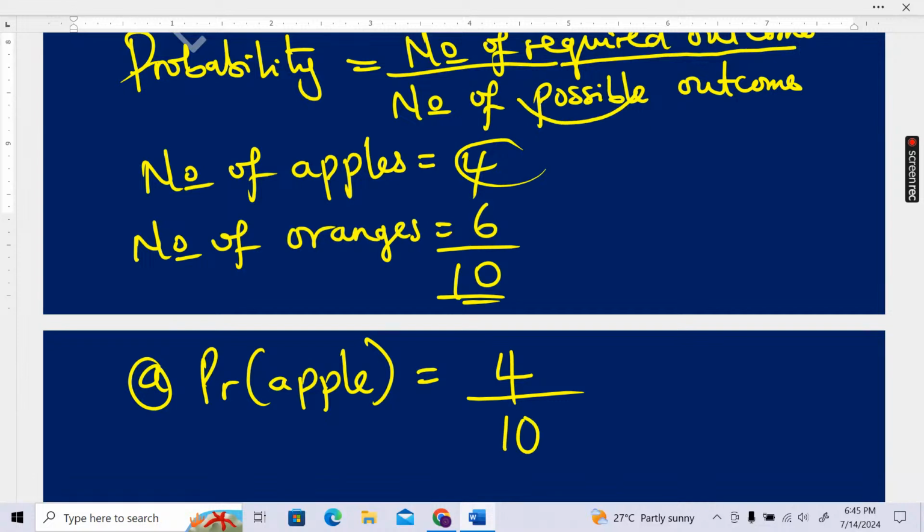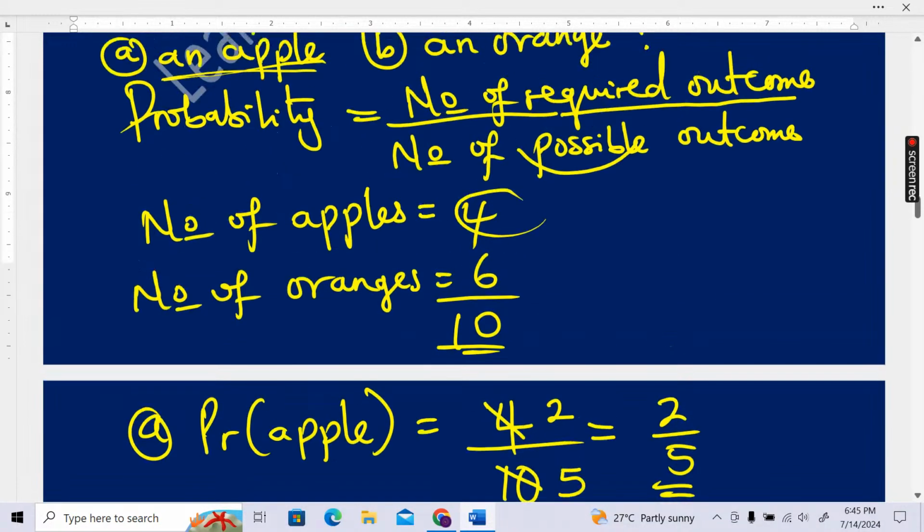So that's 4 over 10. Then reduce it to the lowest term. 2 goes into 4, that's 2. 2 goes into 10, that's 5. So the probability that an apple was chosen is 2 over 5.